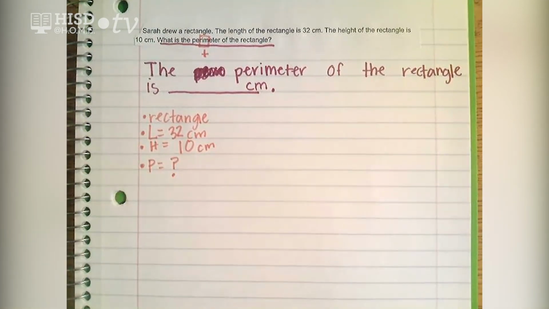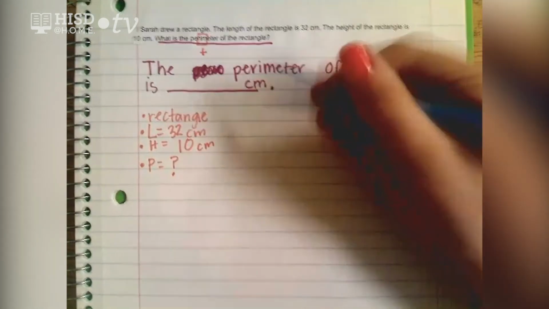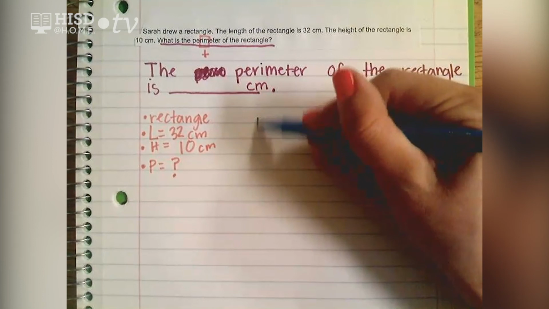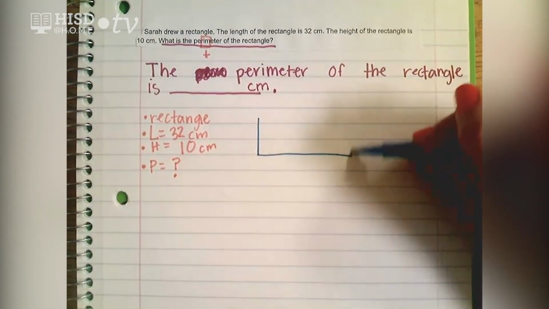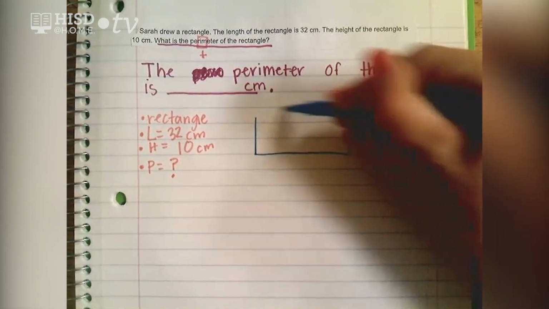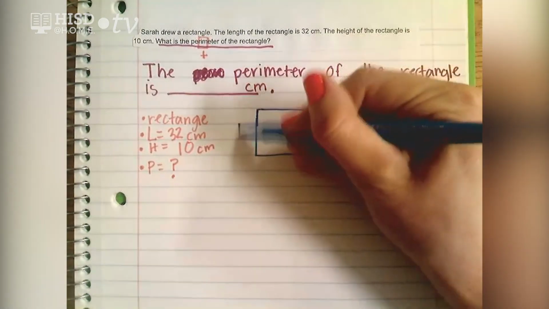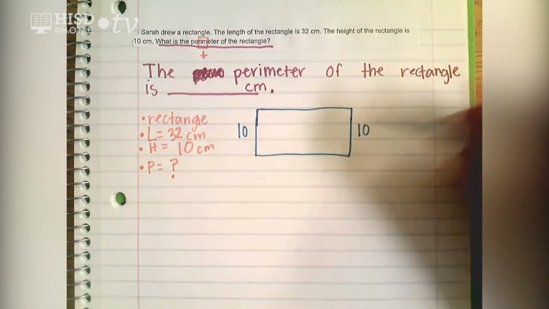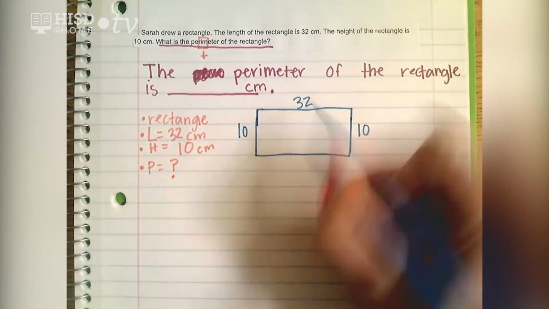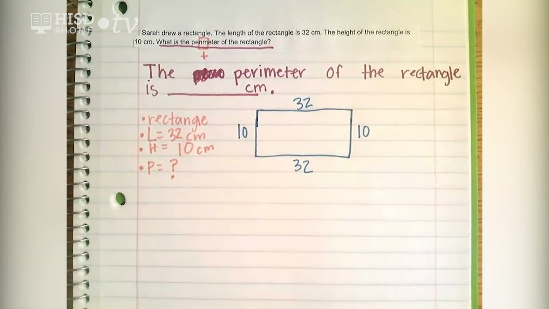So I'm going to draw this rectangle. It's not going to be perfect, but I'm going to try and get an idea. I know that the height is a lot shorter than how long it is. It's 10 centimeters tall and 32 centimeters long. Okay.